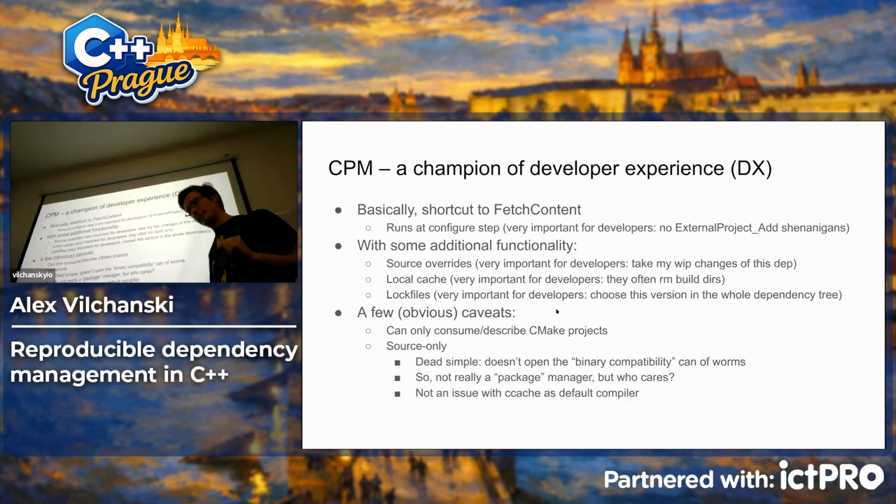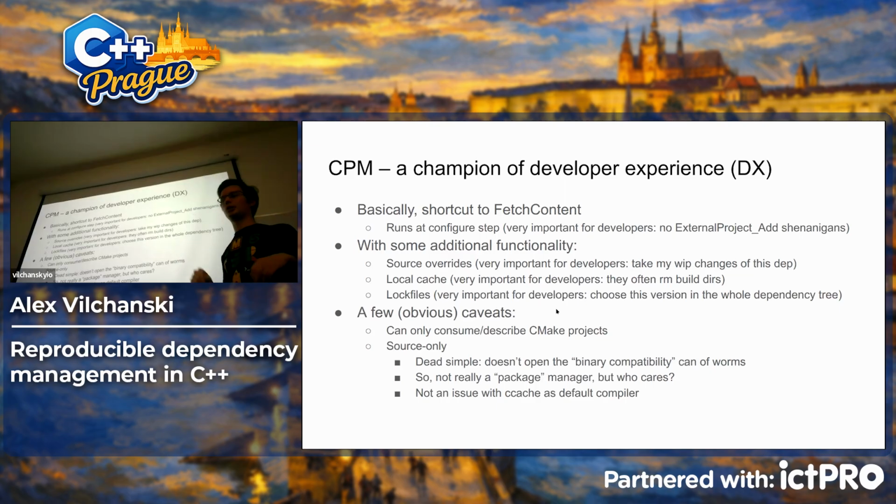So it has a very useful feature, source overrides, which means that imagine that you have project XXX and it has 5 internal dependencies, 5 libraries, and you just clone them near your project XXX, and you just specify -D, the name of that dependency, underscore source, or CPM_name of the dependency_SOURCE equals the path to that dependency on the disk.